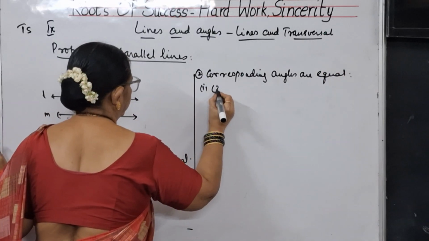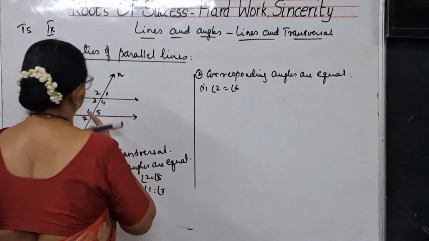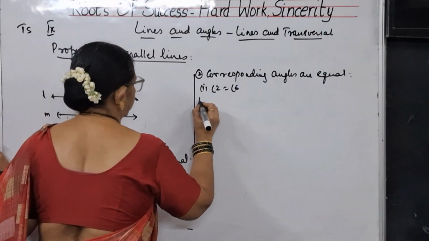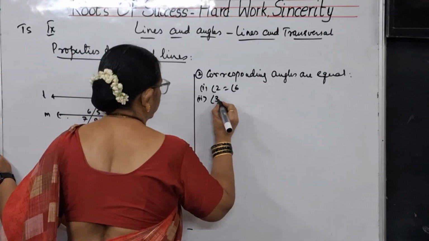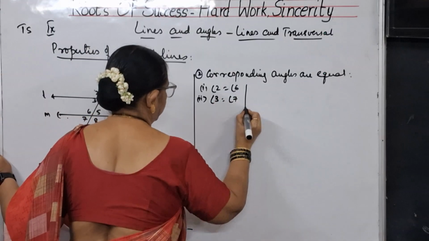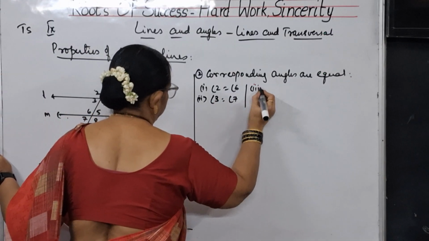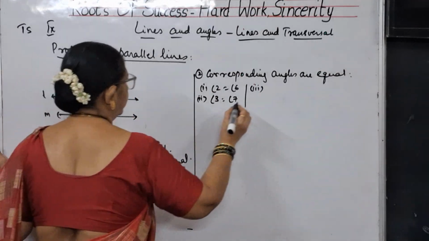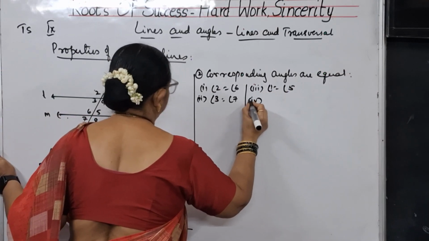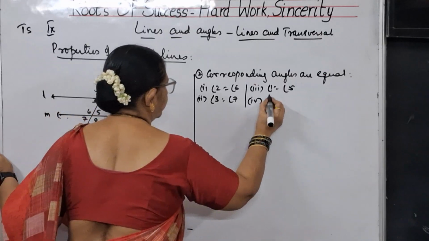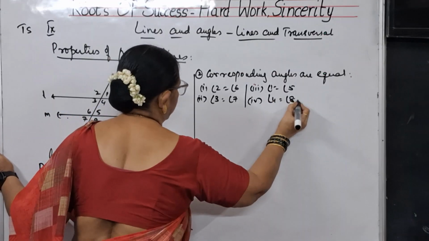First set, angle 2 is equal to angle 6. Second one, angle 3 is equal to angle 7. Third one, angle 1 is equal to angle 5. And fourth one, angle 4 is equal to angle 8.